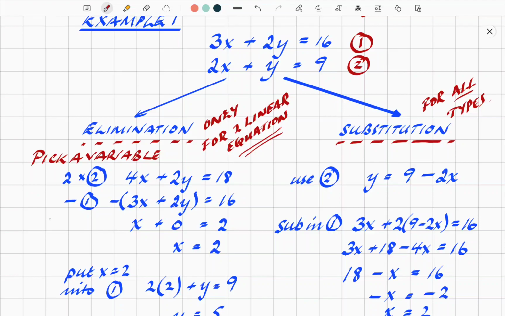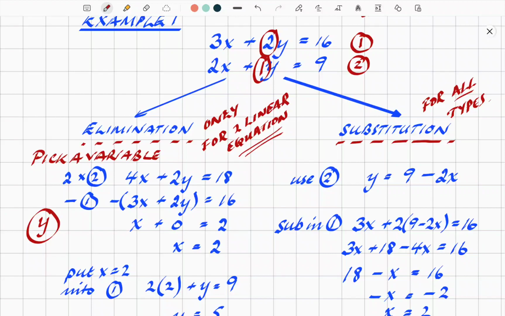I'm going to get rid of the y from my equations. So in order to eliminate the y, I need to make the coefficients of the y the same. Look at my original equation 1 and equation 2. I've got 2y in one of them, and I've got a single, like a 1y, if you like. So I've got a 2 and a 1. I need to make those coefficients the same.